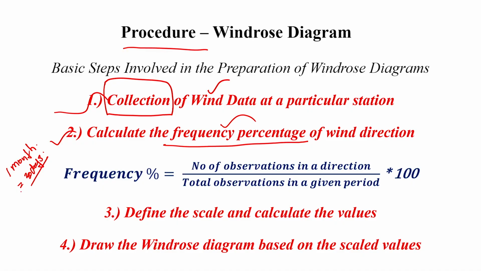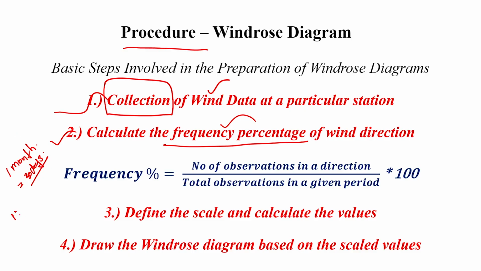Every hour I am collecting one observation, which means on the first day at noon, 12 o'clock, I am collecting the wind direction and the wind speed data. Similarly, for 24 hours I am collecting the data, which means for one day I will have 24 observations.